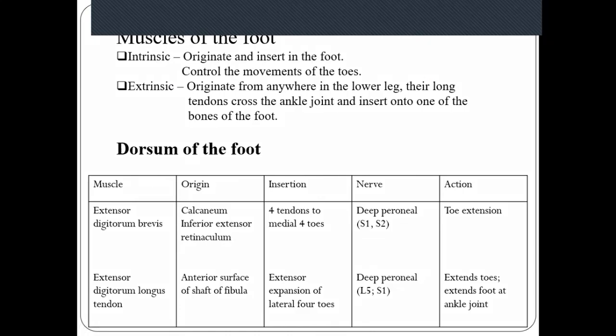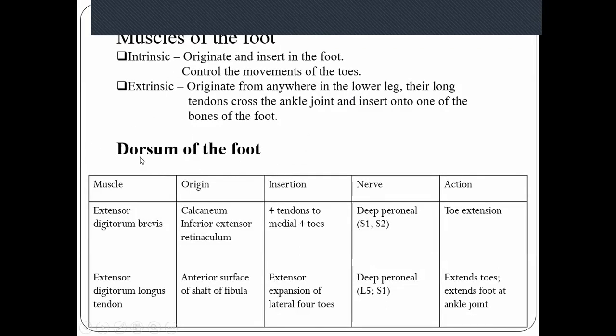So they are the small muscles of the foot and they control the movements of the toes. The extrinsic muscles are the ones which originate from anywhere in the lower leg. So they originate outside the foot and their long tendons cross the ankle joint and insert onto one of the bones of the foot.